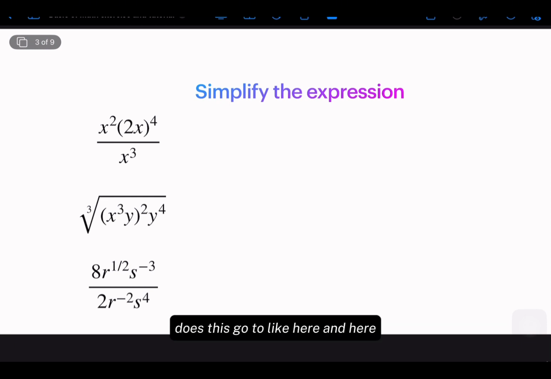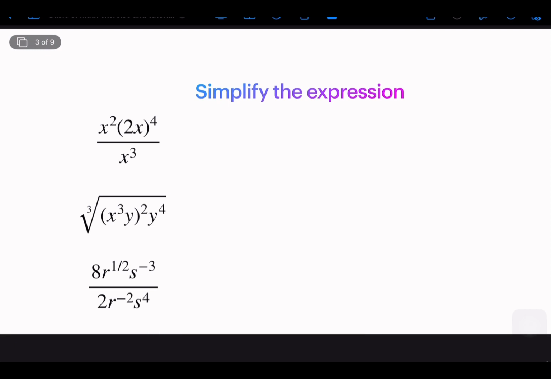For this one? Does this go to here and here? Or can I do it like that? What do you think? Sorry, right? Maybe.